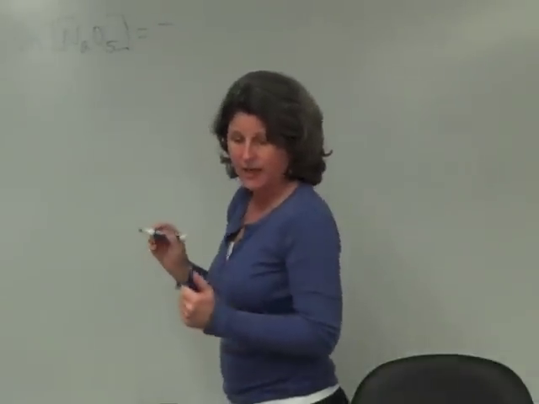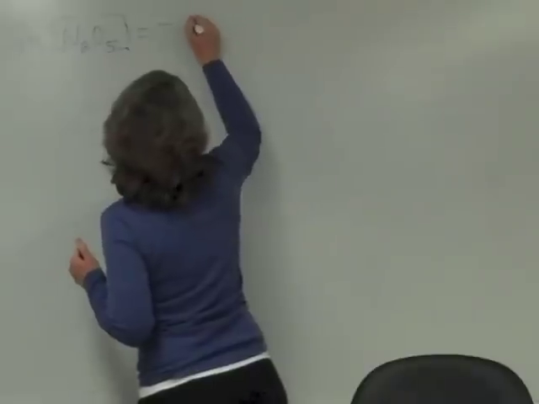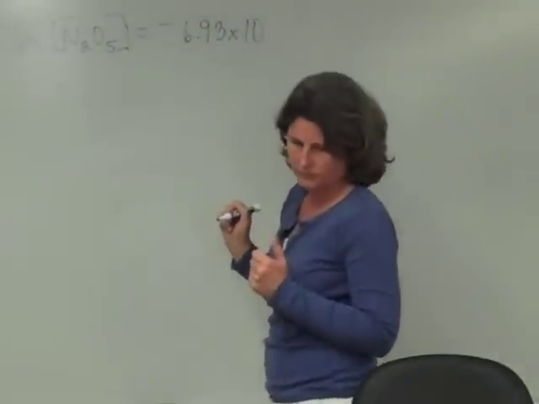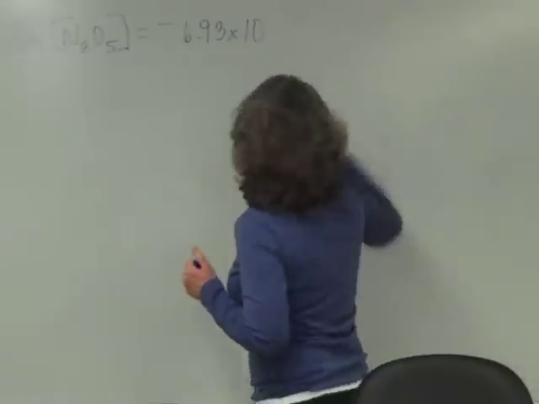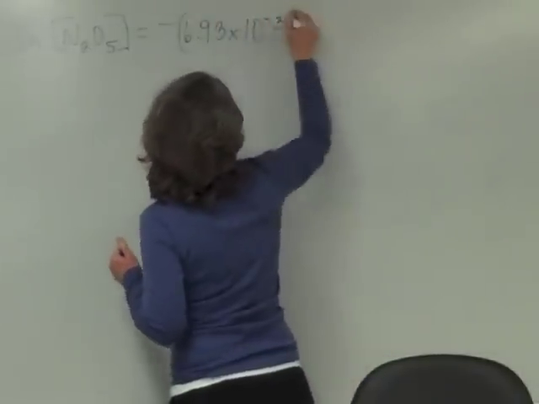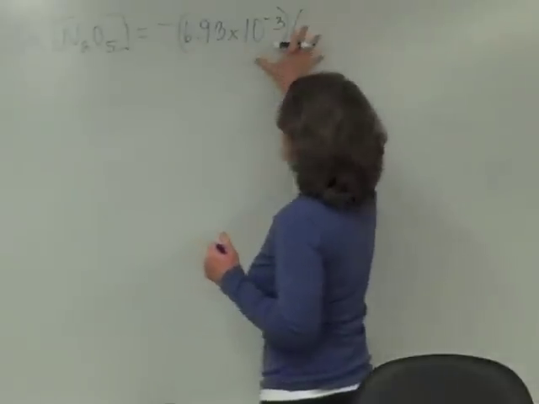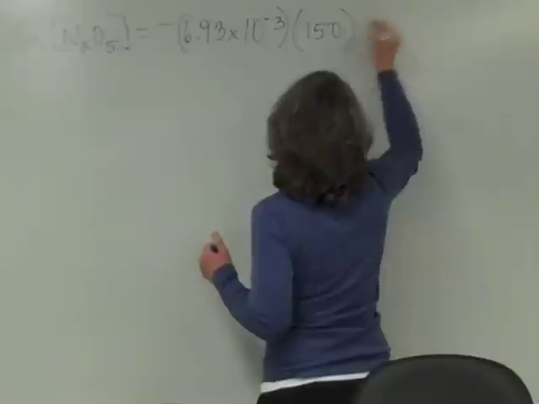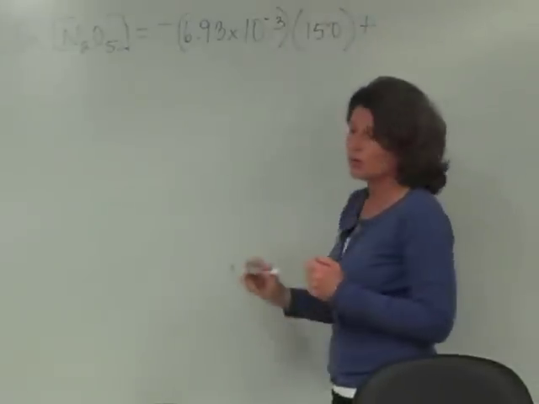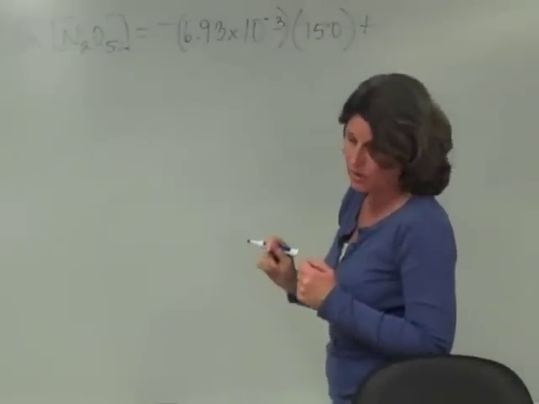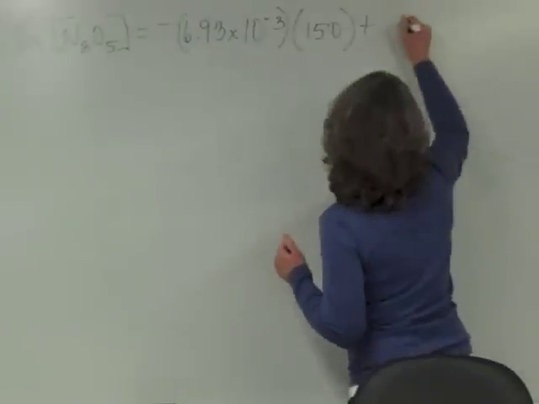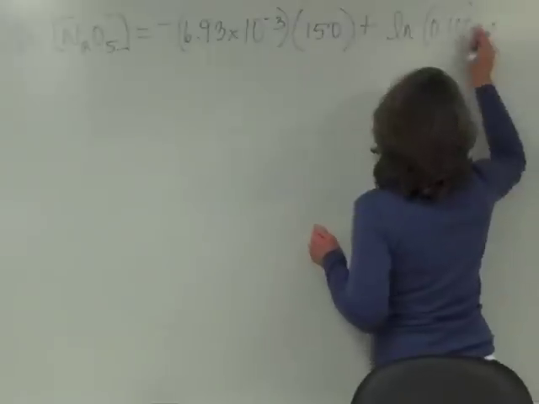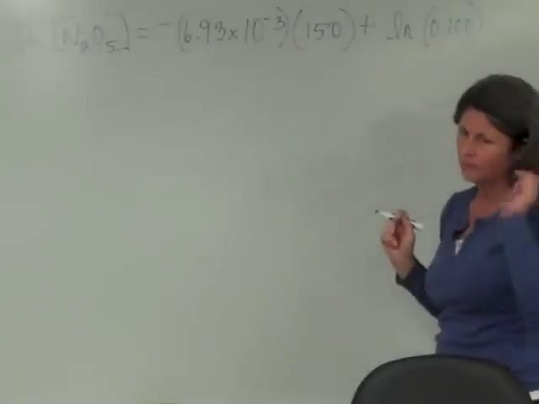My value for k is 6.93 times 10 to the minus third. It's the opposite of this product, times 150 seconds plus my initial concentration, and my initial concentration is 0.1 molar. So it's going to be the natural log of 0.100 molar. Okay.